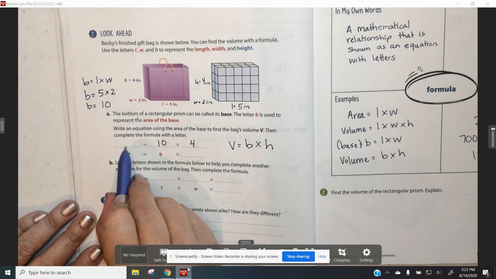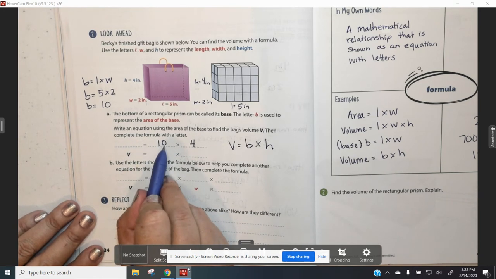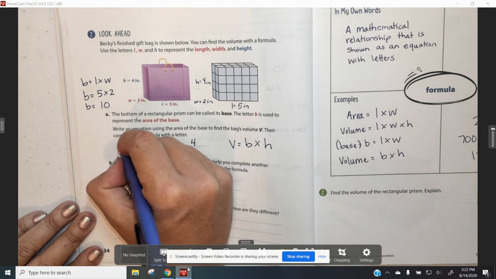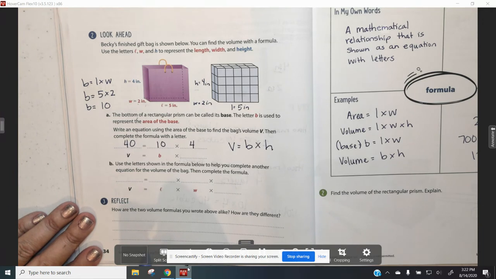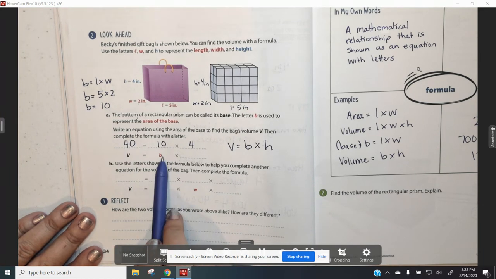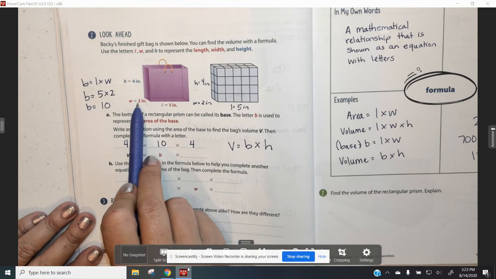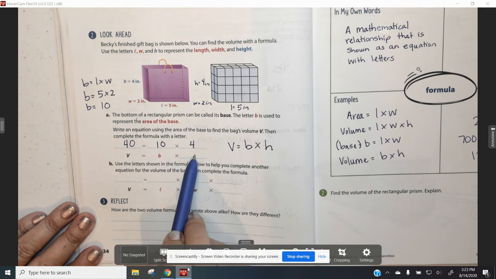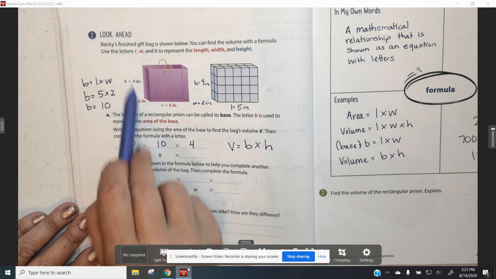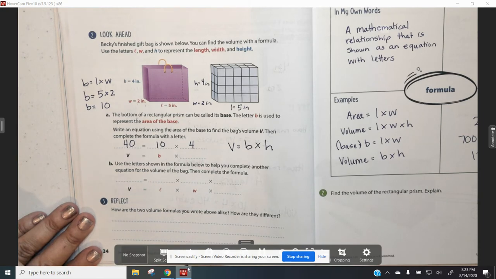And then to find the total volume, we simply multiply 10 times 4, which is 40. So here we have the total volume, which is 40. The B represents the base, which is the length times the width. And then what letter represents this 4? What letter would we put right here? Go ahead and do that.